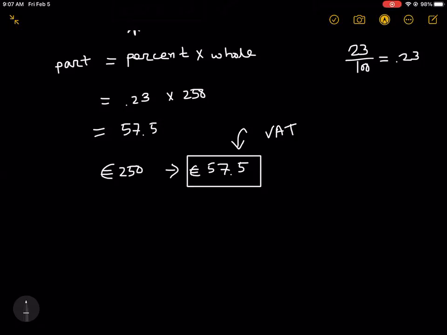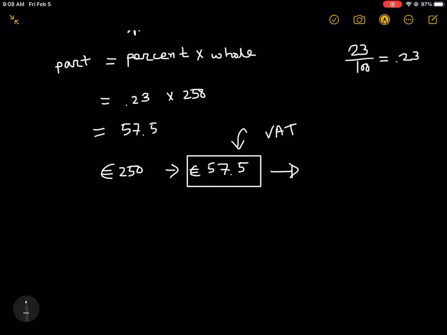The question could be slightly different if I just say how much will he need to pay on a purchase of 250 euros. As you can see, I've just removed that word VAT, and now the question will be completely different. If you just keep it like this, then you'll definitely be penalized.